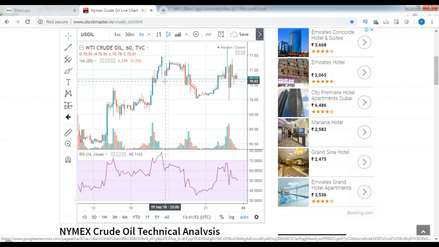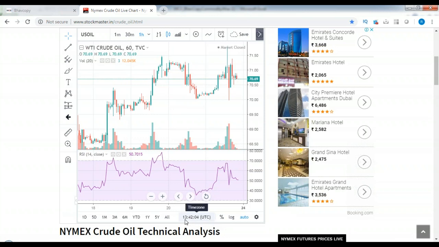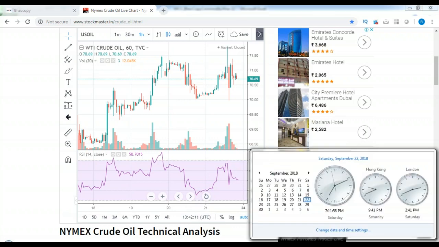Can you see that at the bottom, where this crosshair is? You can see here it is UTC timing, and currently it is 13:42. So it is basically the international clock which is running, a European clock.